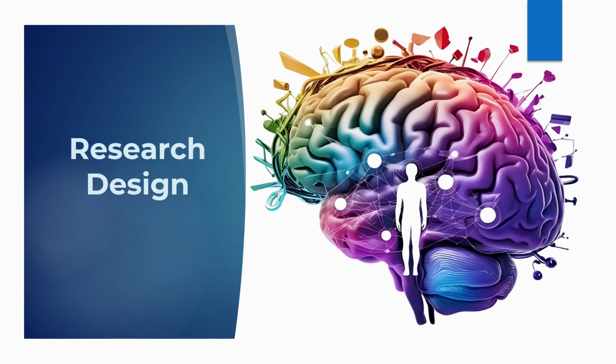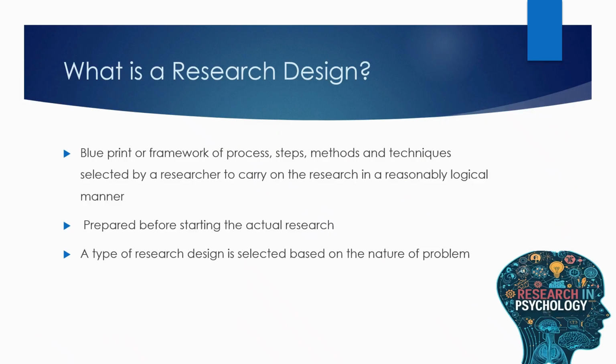Let's first start with the research design. A research design is a blueprint or framework of process, steps, methods, and techniques which are selected by a researcher to carry on the research in a reasonably logical manner.